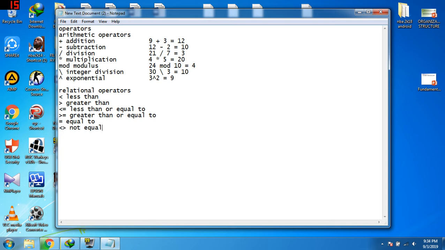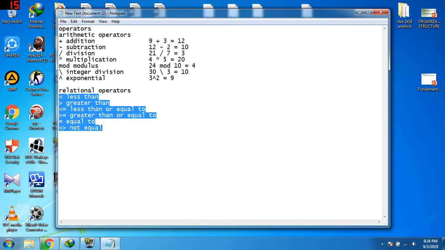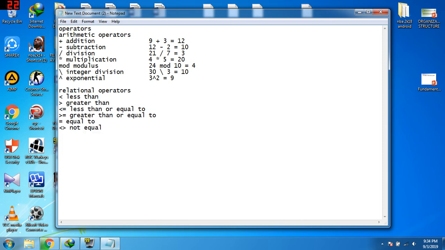So that is what we call the different relational operators. So we have arithmetic, we have relational, then the last type of operators we use is what we call the logical operators.